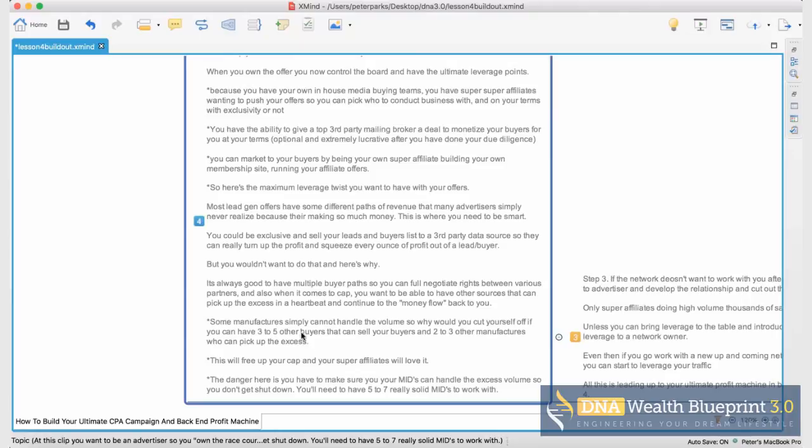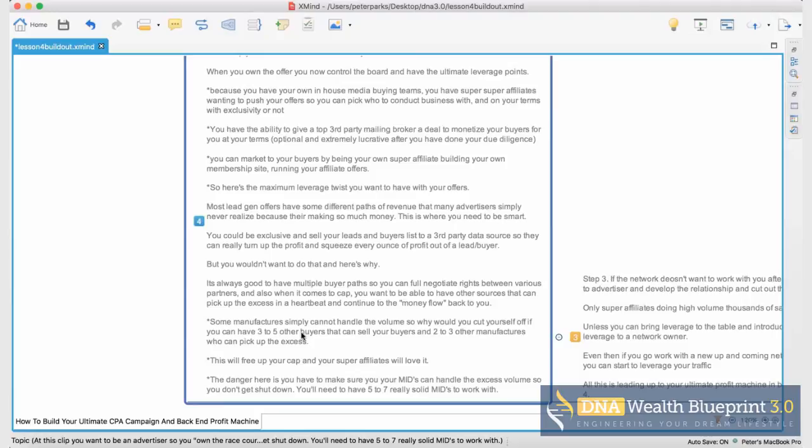And here's the reason why sometimes you have cap: some of the manufacturers simply cannot handle the volume. So why would you want to cut yourself out if you've got 3 to 5 other buyers? You can sell to 2 or 3 other sources, like manufacturers and mailers, so that they can pick up the excess for you and you're able to churn.